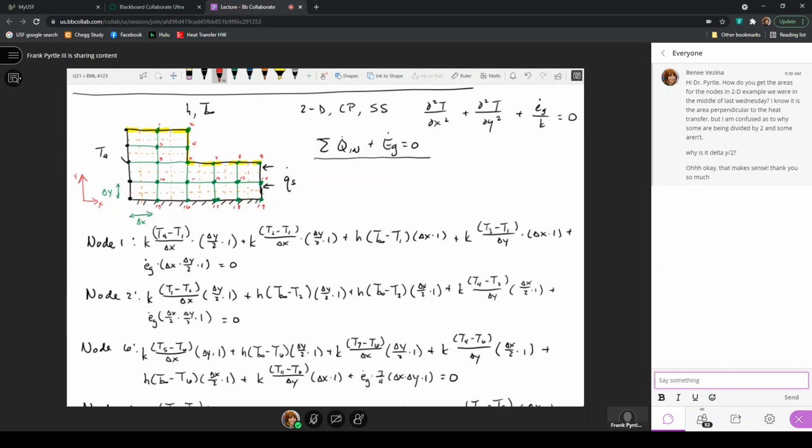We can determine the temperature gradient at any position just based on the temperatures that we have already calculated. So once you have the temperature distribution, the actual calculated values after you've written the node equations and solved them, you can answer questions about temperature gradients. We know that heat flux is just minus k times the temperature gradient. So if the temperature gradient is just the temperature difference over a distance, we can calculate temperature gradients, we can calculate heat fluxes, and we can use the areas to then calculate heat transfer rates.